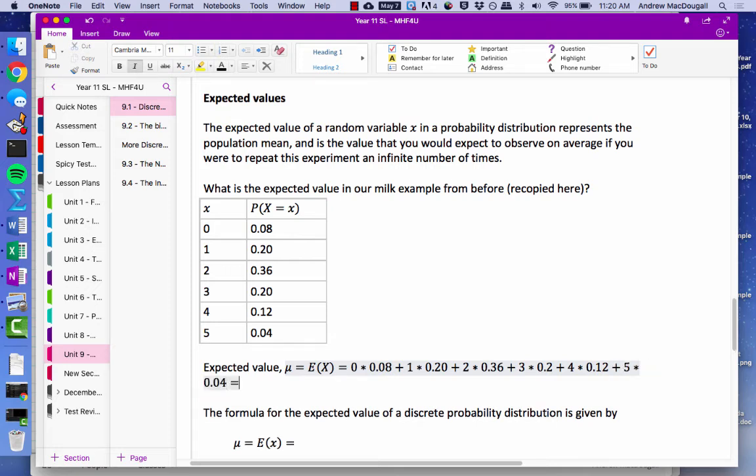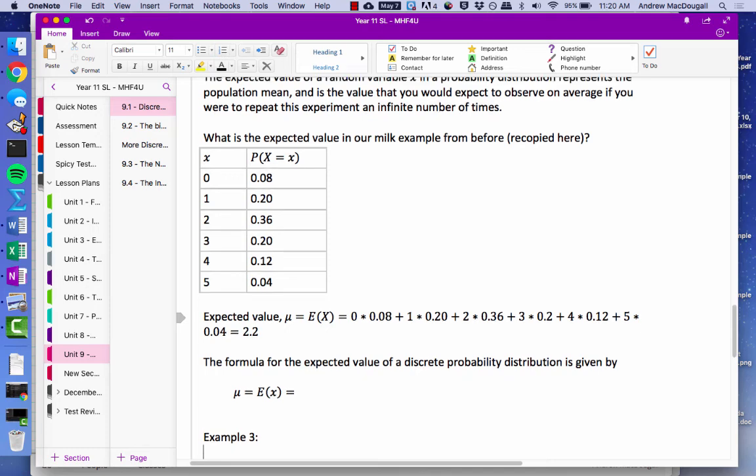Okay, and now we add those up. And I get 2.2, which kind of makes sense. Like 2 is the most probable outcome. So our average should be closest to 2, especially because 1 and 3, which are also close to 2, are the second most likely outcomes.